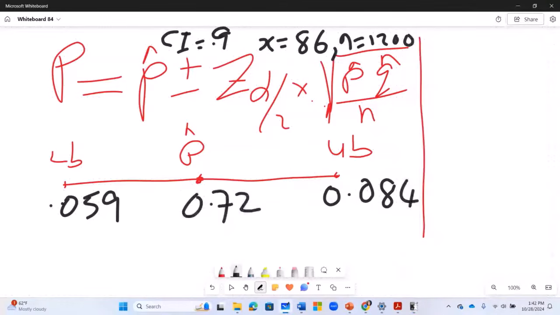If I'm told to find the margin of error, it is the distance from the point estimate to the upper bound.